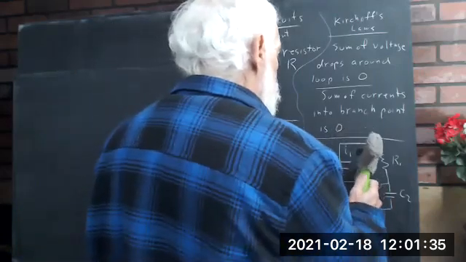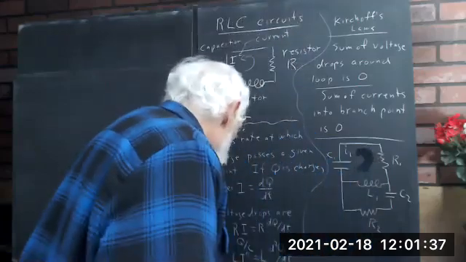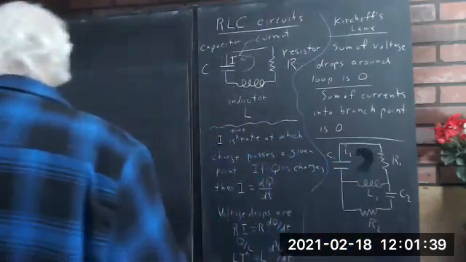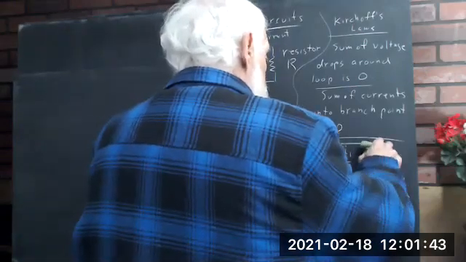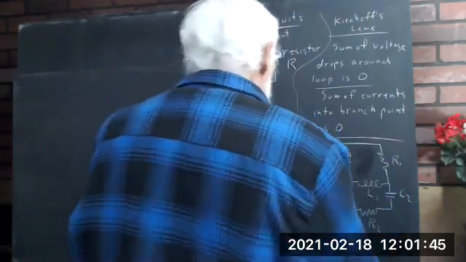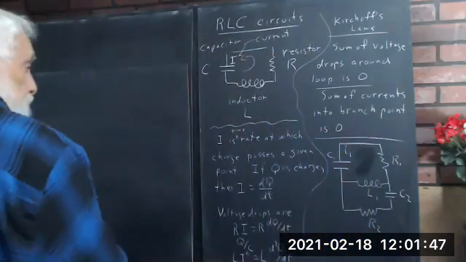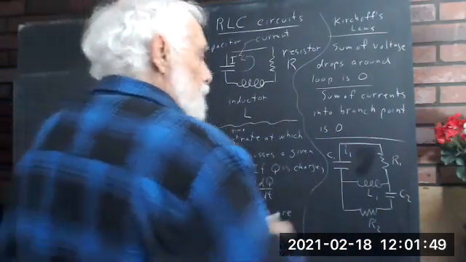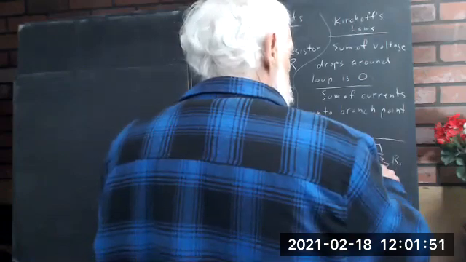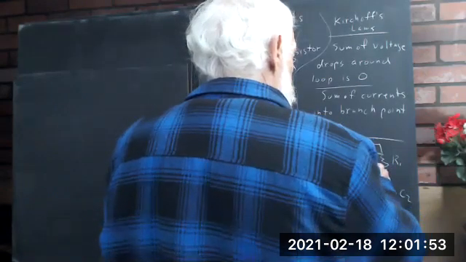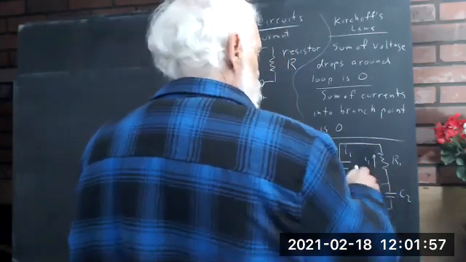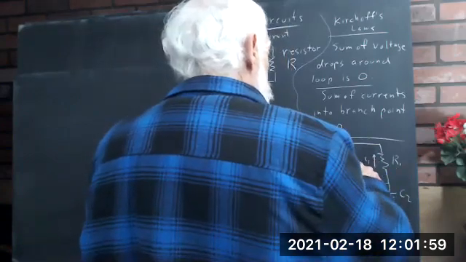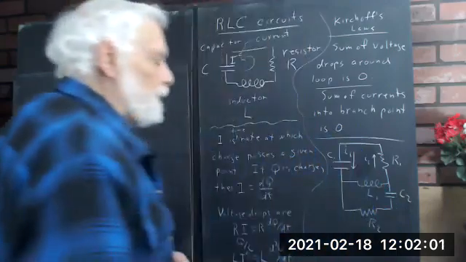So I'm going to do things a little less carelessly. I'm going to say we have current I1 through R1, and I1 goes through C1.